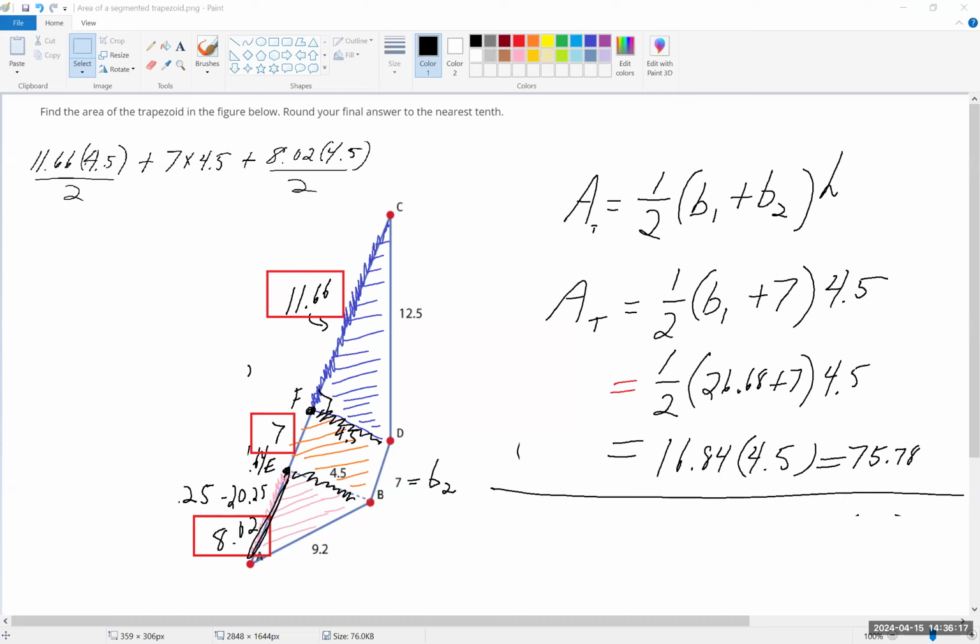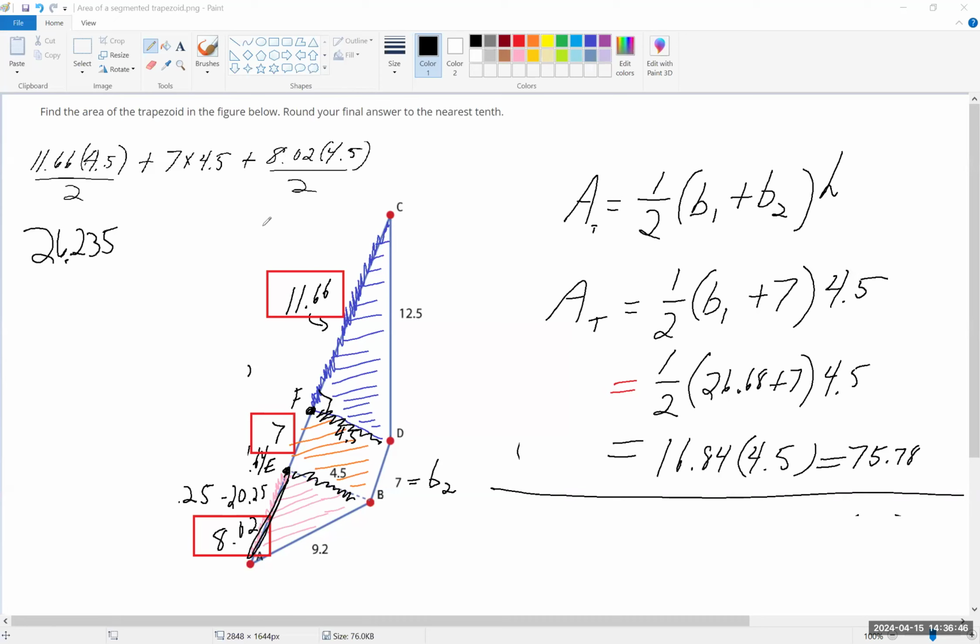That is 26.235. And then I've got 8.02 times 4.5 divided by 2.